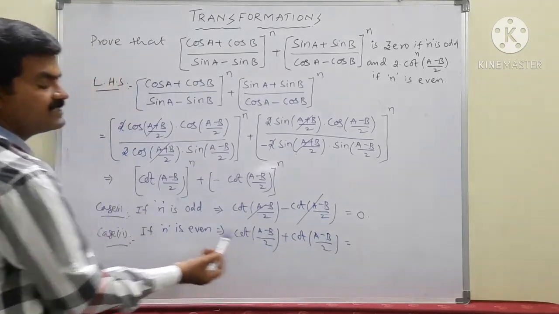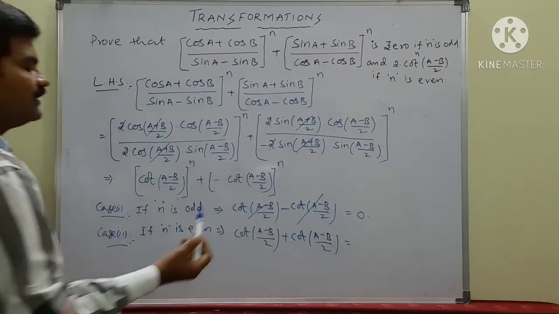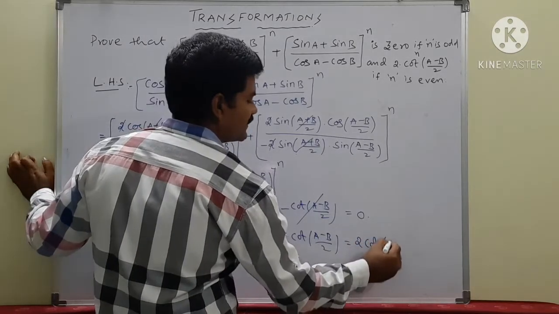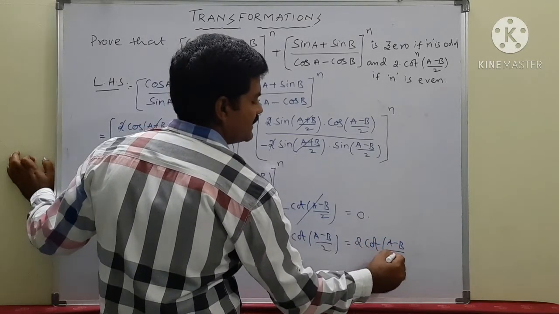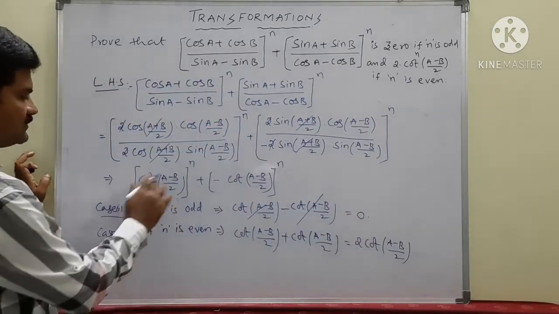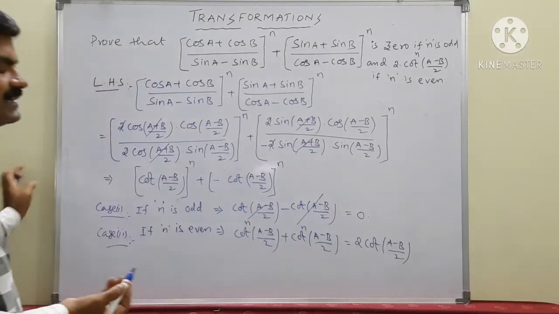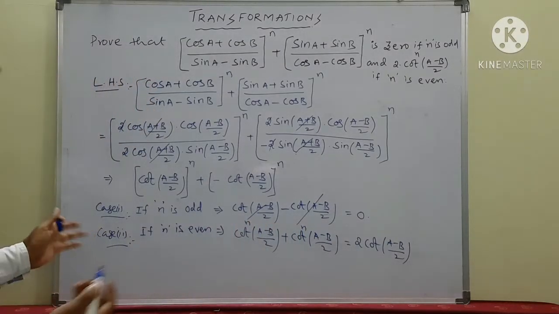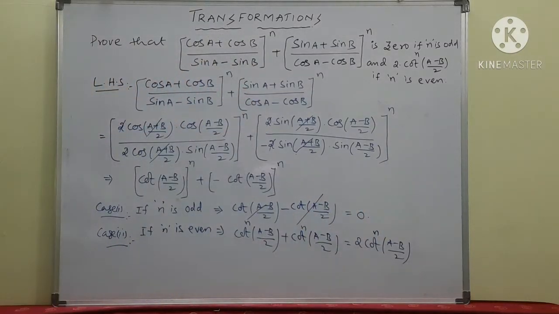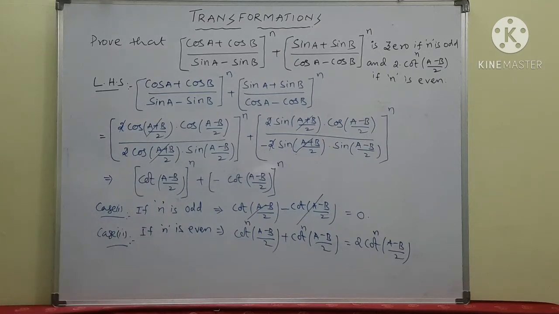Both are same, just like cot theta and cot theta. Sorry, actually here there is a power n. Cot power n plus cot power n, which equals 2 into cot power n of (A minus B)/2 when it is even.